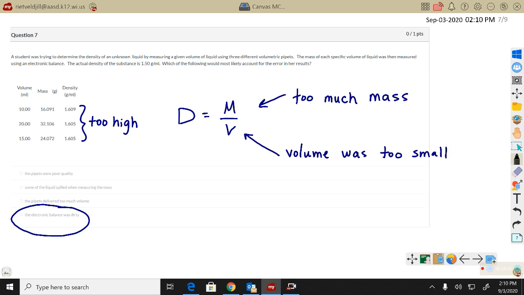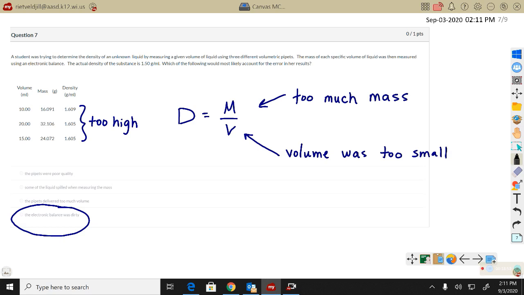Poor quality of pipettes is kind of a generic answer, and I don't know. I mean, was it poor quality because they didn't suck up enough volume, or did they get too much volume? I don't know. That's kind of a shot in the dark excuse, not giving me enough information. Some of the liquid spilled when measuring the mass.